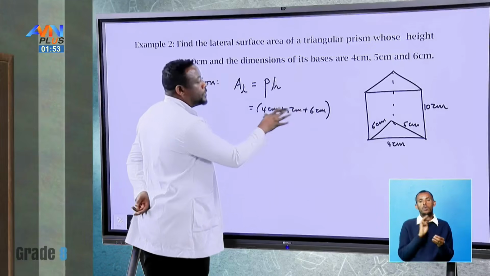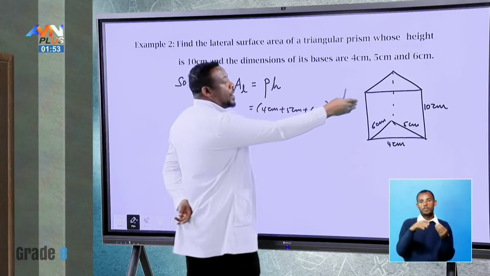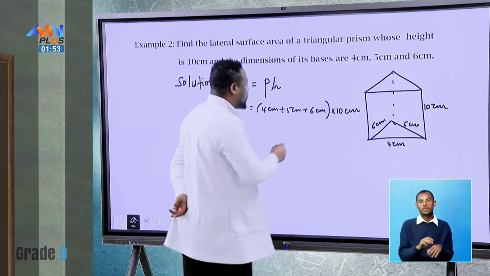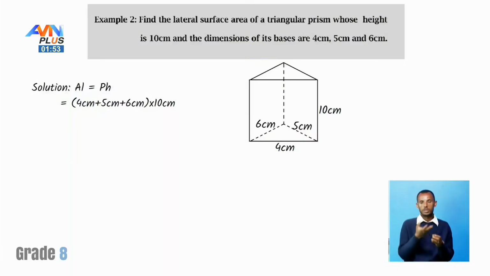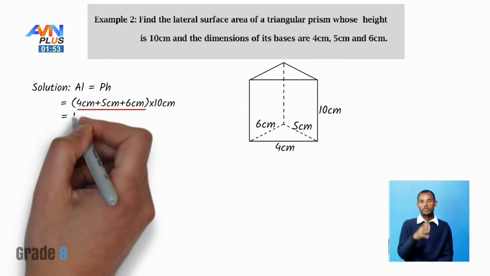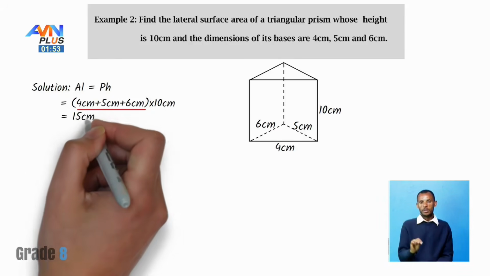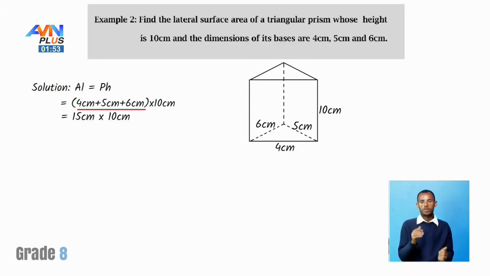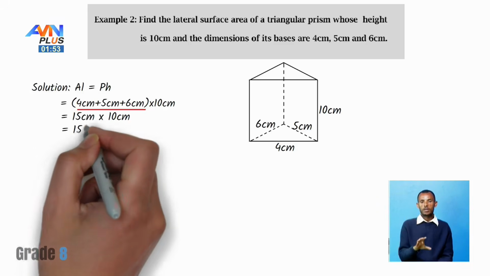We multiply this perimeter by height, and our height is 10 centimeter. The sum of these three numbers is 15 centimeter. We multiply it by 10 centimeter. So this product gives us 150 centimeter square.